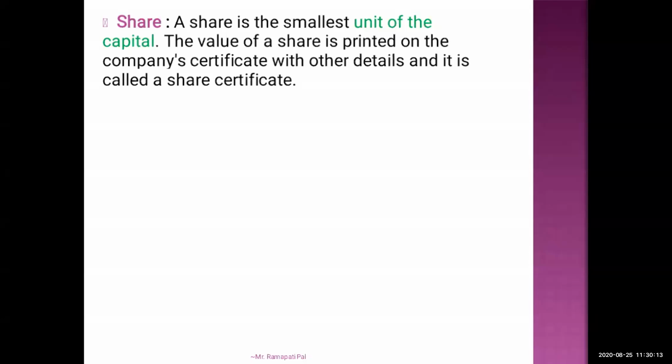Because we are learning online, the government has reduced 25% of the portion from the textbook. But I want to give some information so that when we solve exercise 4.4, you should know something. So a share is the small unit of the capital.